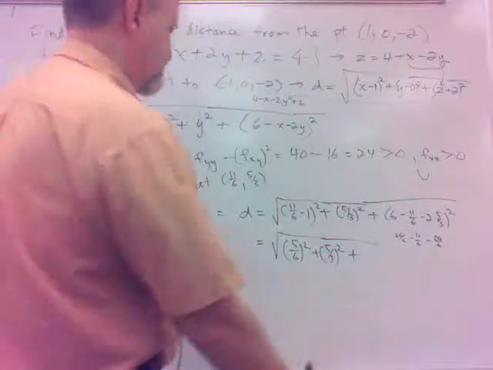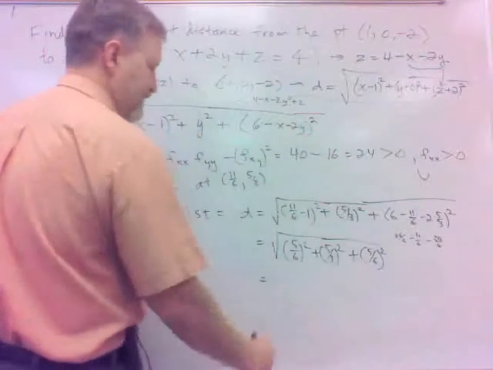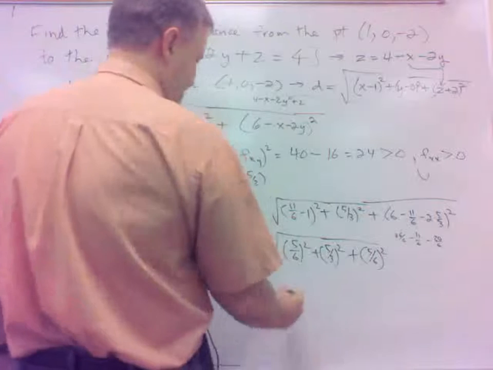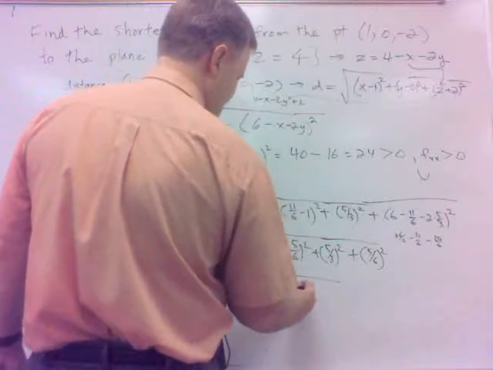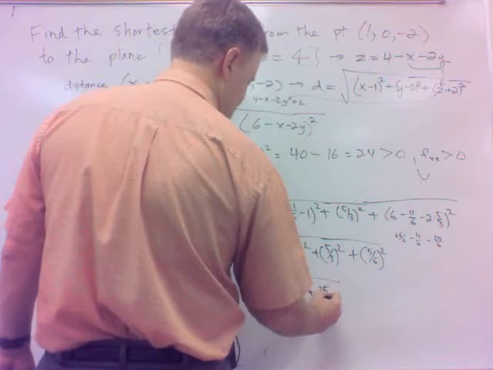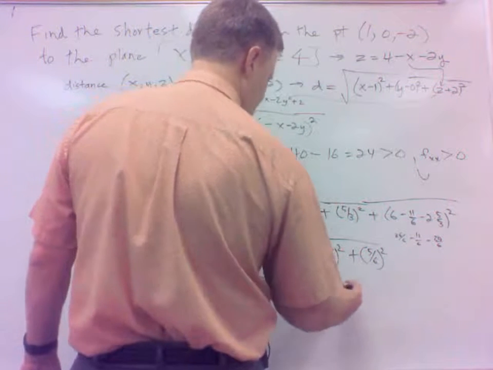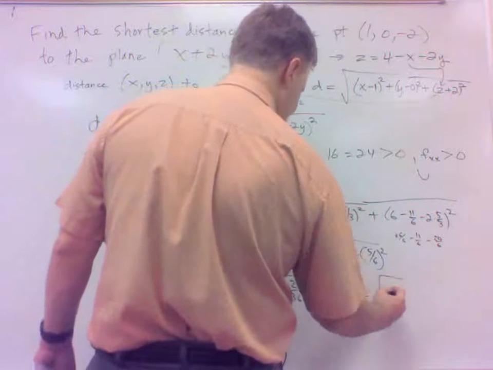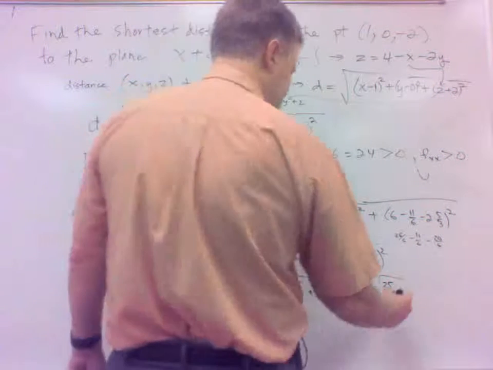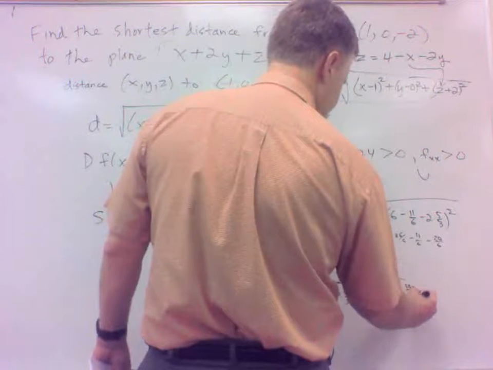So it'd be 5/6 squared. And let's see, 25 over 36 plus 25 over 9 plus 25 over 36. Looks like we need a 36, doesn't it? Multiply that by 4, so it'll be 100 over 36.